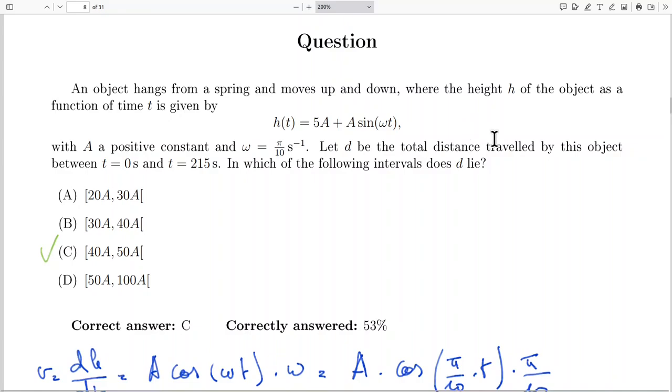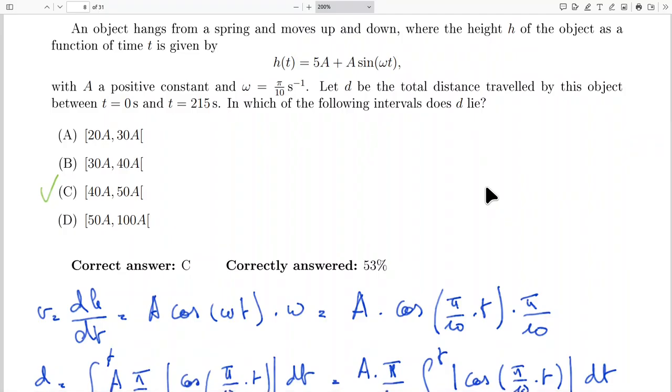Let d be the total distance traveled by this object between t = 0 and t = 215 seconds. In which of the following intervals does d lie?